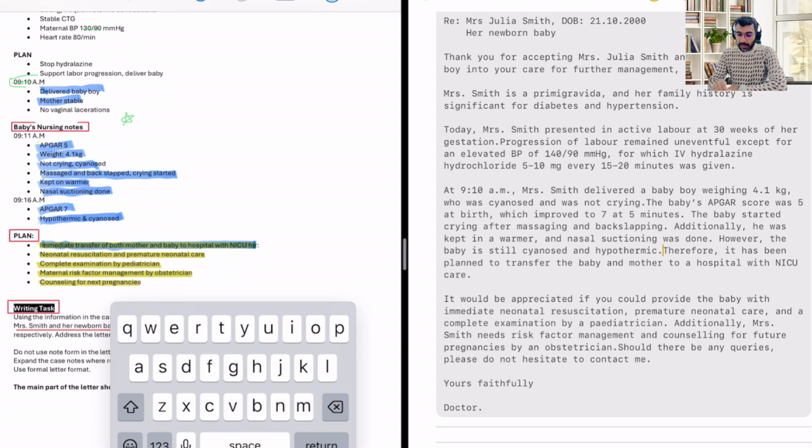It would be appreciated if you could provide the baby with immediate neonatal resuscitation, premature neonatal care, and a complete examination by a pediatrician. Additionally, Mrs. Smith needs risk factor management and counseling for future pregnancies by an obstetrician. Should there be any queries, please do not hesitate to contact me. Yours faithfully, Dr.